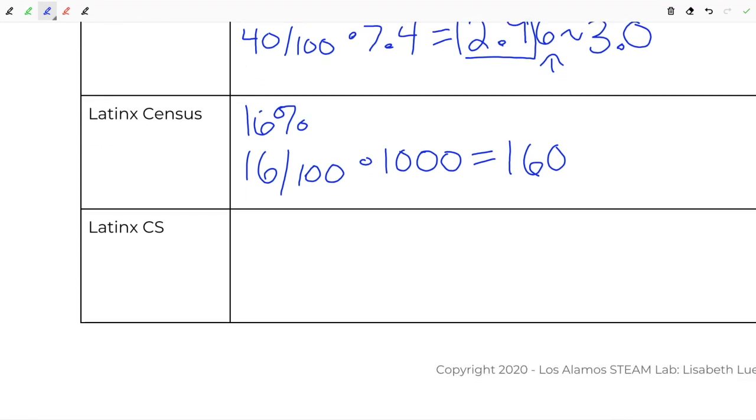Now, 19% of the correctional system population is Latinx. So 19 of 100 people in our criminal justice system, which in our little lawn example is 7.4 people, are Latinx.